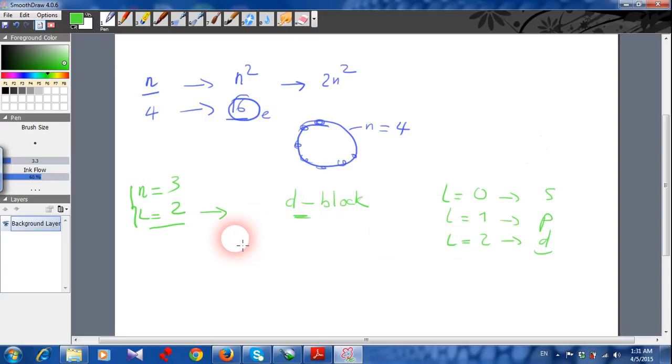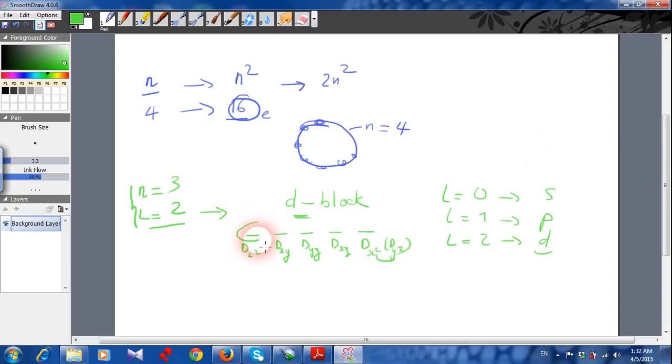With d orbital, we have 5 orientations like d z squared, d xy, d yz, d xz, and d x squared minus y squared.